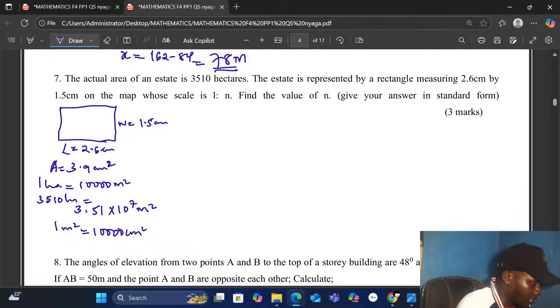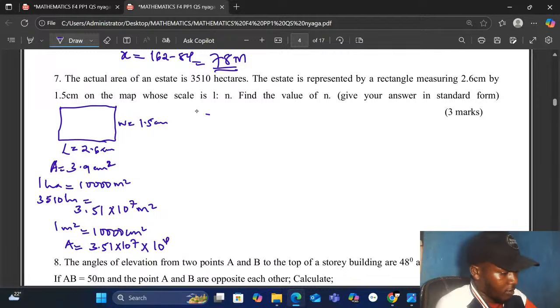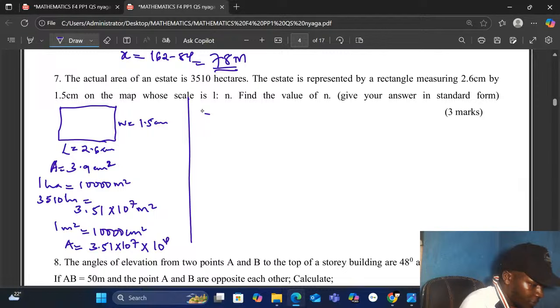Now we multiply, so that the area will now be equal to 3.51 times 10 power 7, then we still multiply by 10 power 4, so that we have 3.51 times 10 power 11. Now this is in square centimeters.